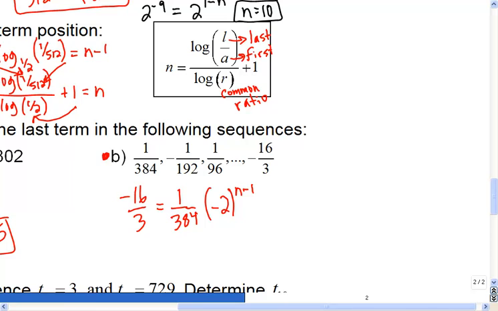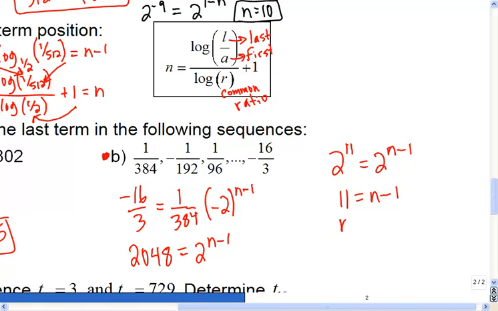So 16 over 3 times 3 over 84, so 2 to the 20... And I mean, I guess you could use a log here, but I know that one. That one's 2 to the 11 will be 2 to the n minus 1. So you should get 12 regardless of which method you used. Okay?